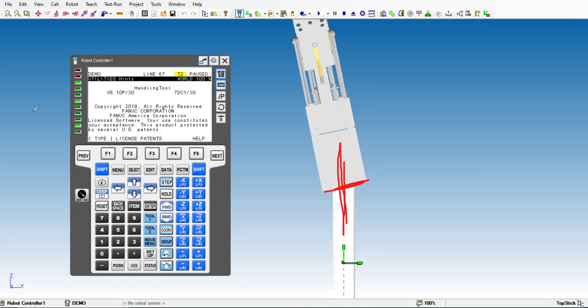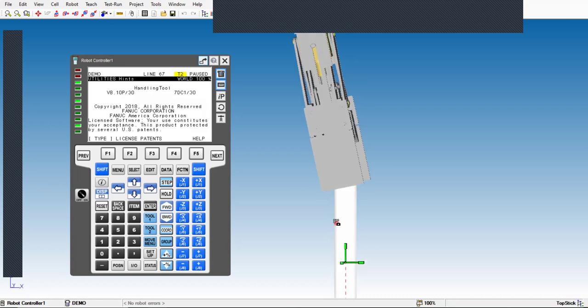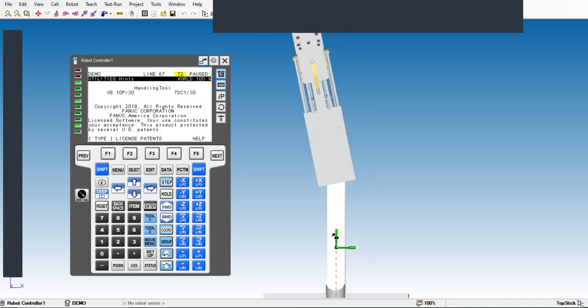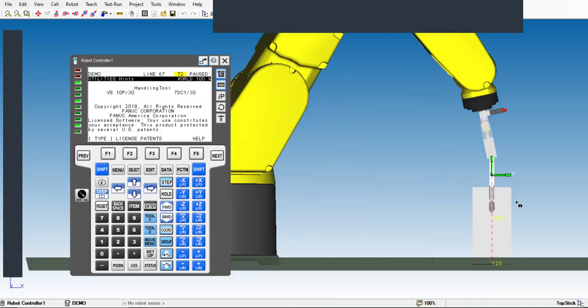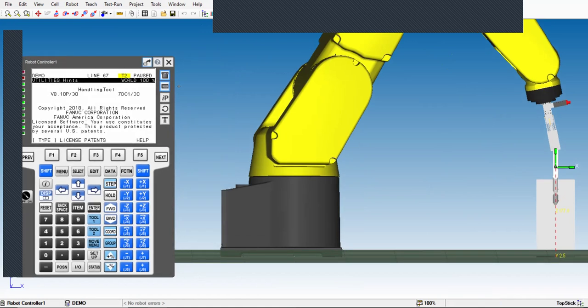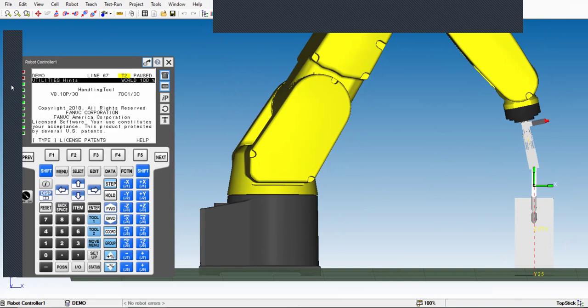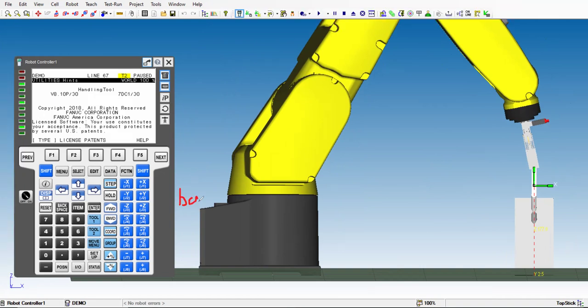This is the part where we can use the rotations on the XYZ. Let me zoom out a little bit. All right, this is the side view of the robot, and over here is the back side of the robot, right?